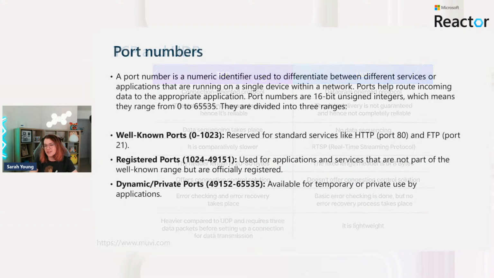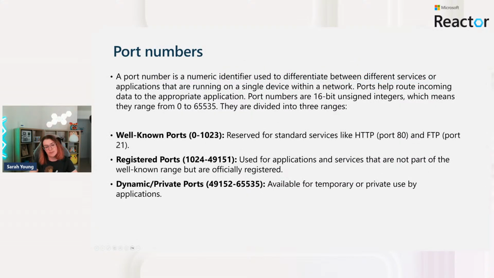Now, port numbers. I'm almost certain you will have seen a port number mentioned somewhere near an IP address. Port numbers are how we differentiate different services or applications. You can read them here, but we've got well-known ports 0 to 1023.